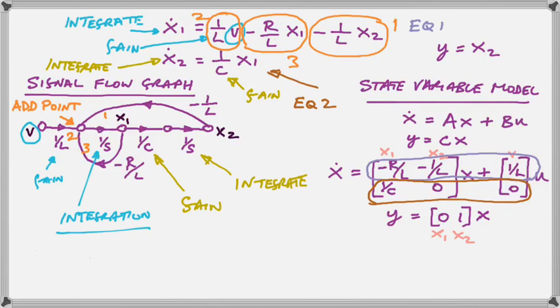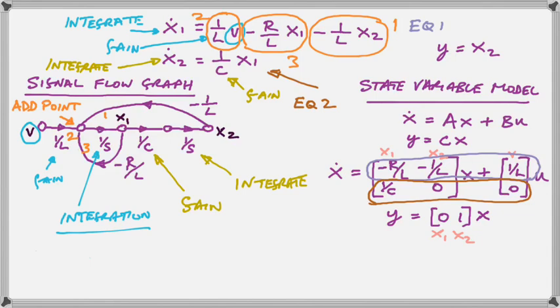The x itself would be a vector containing both x1 and x2, and the x prime would be a vector containing x1 prime and x2 prime.